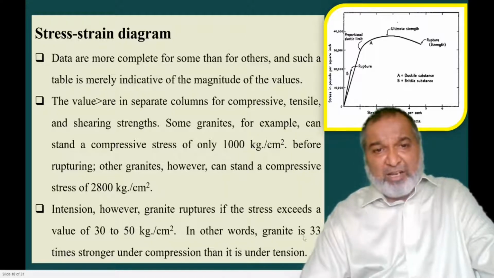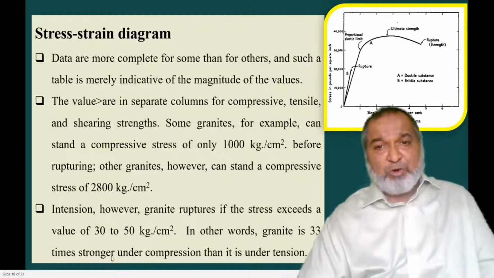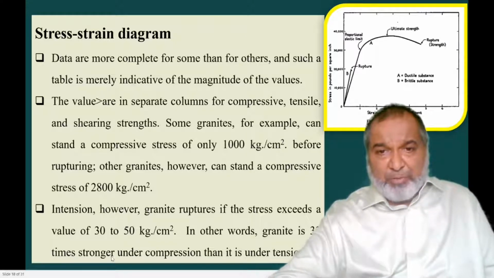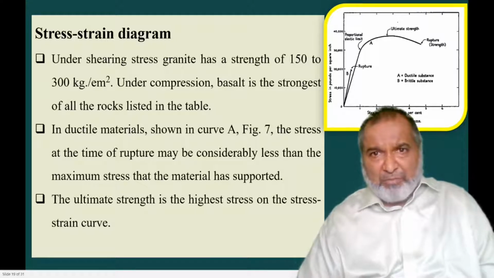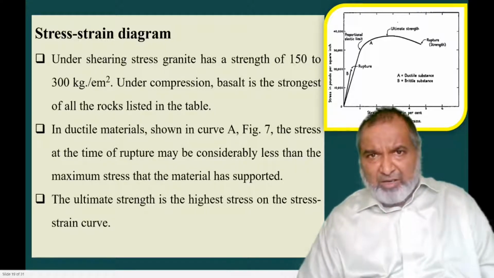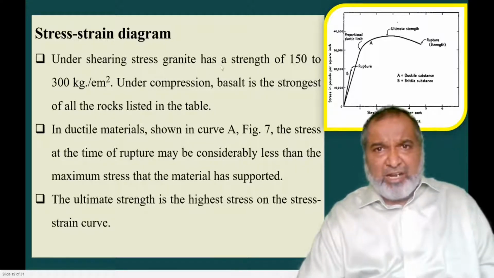In other words, granite is 33 times stronger under compression than under tension. We will make that out in the figure. Under shearing stress, granite has a strength of 150 to 300 kg.